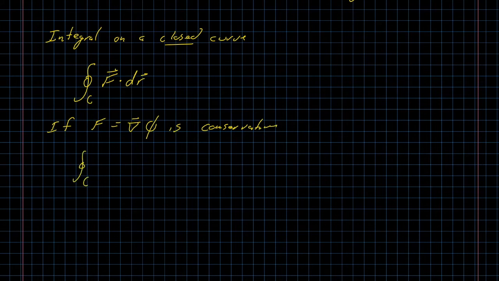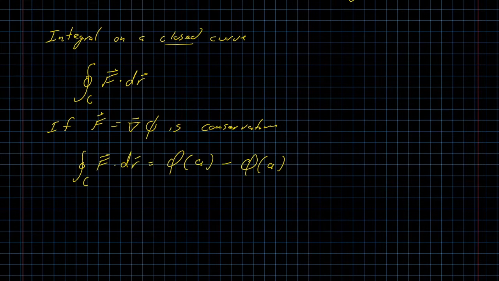The most obvious reason that having a closed curve is so valuable: if it turns out that our function F is the gradient of some potential function, we have a conservative force field, then the integral of F dot dr is going to be phi of our ending point minus phi of our starting point.